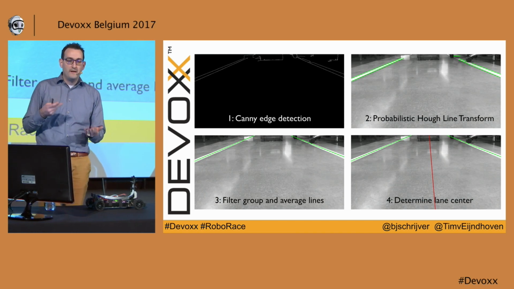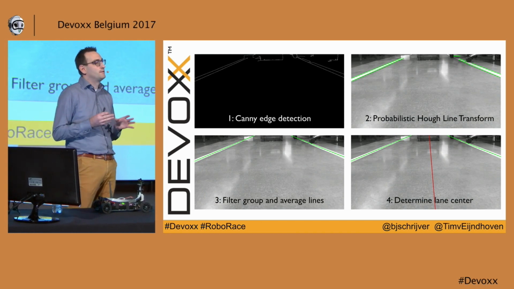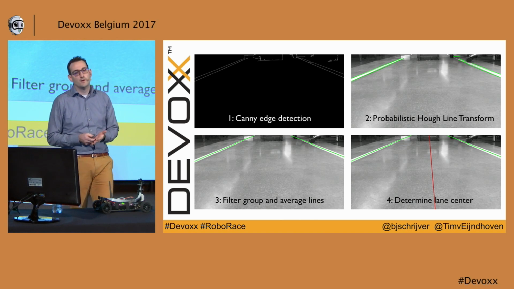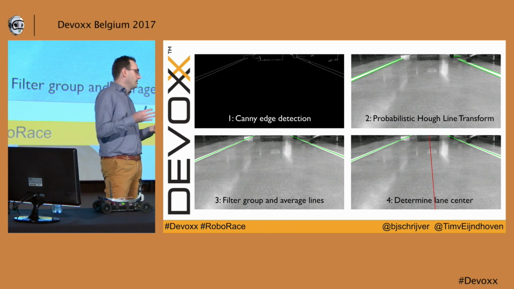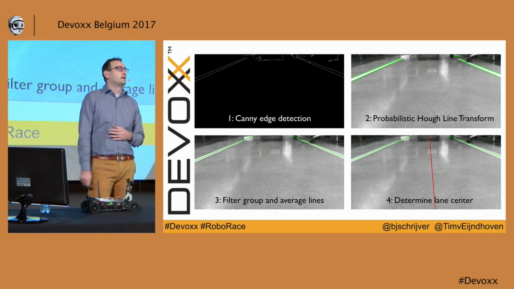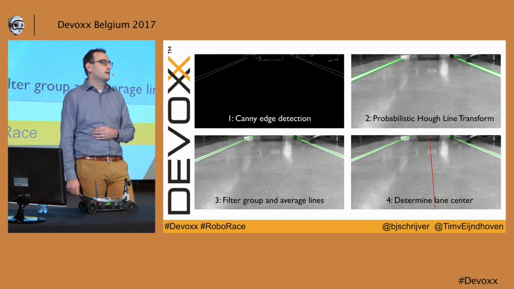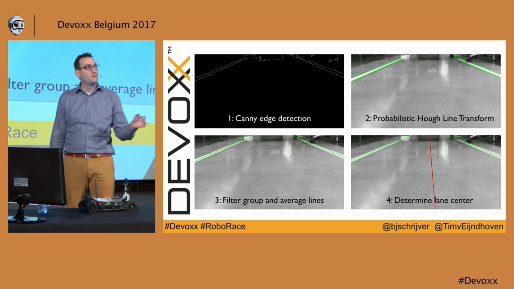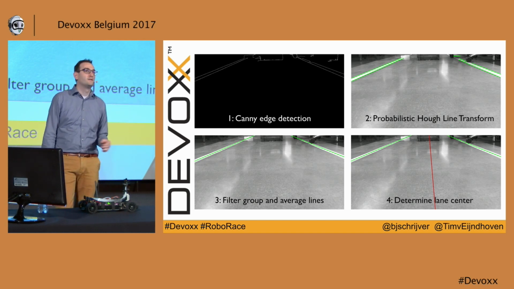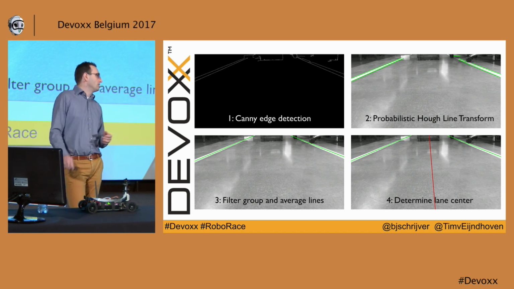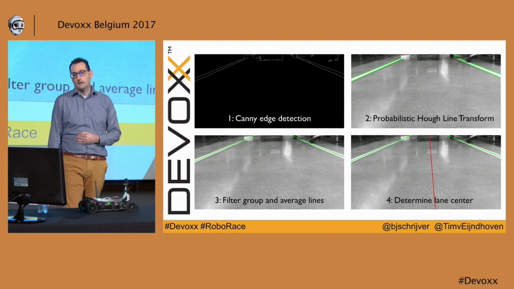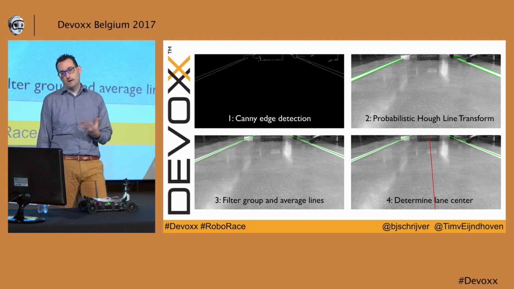So basically what we do in the image processing pipeline is two major steps. The first one is to find the edges in an image. We do that using Canny edge detection, an algorithm which dates back to, I think, the 70s, so it's way old, but it's still about the most widely used algorithm to detect edges in an image.